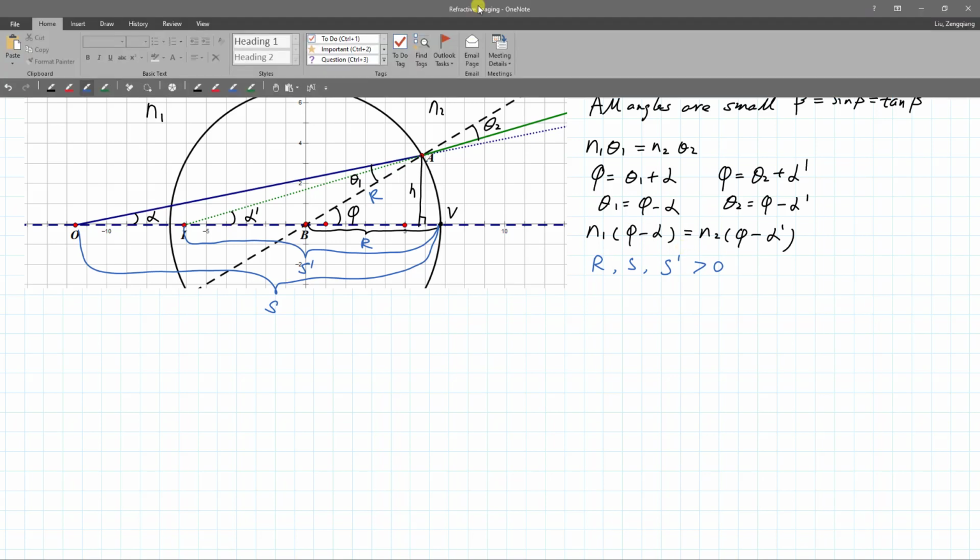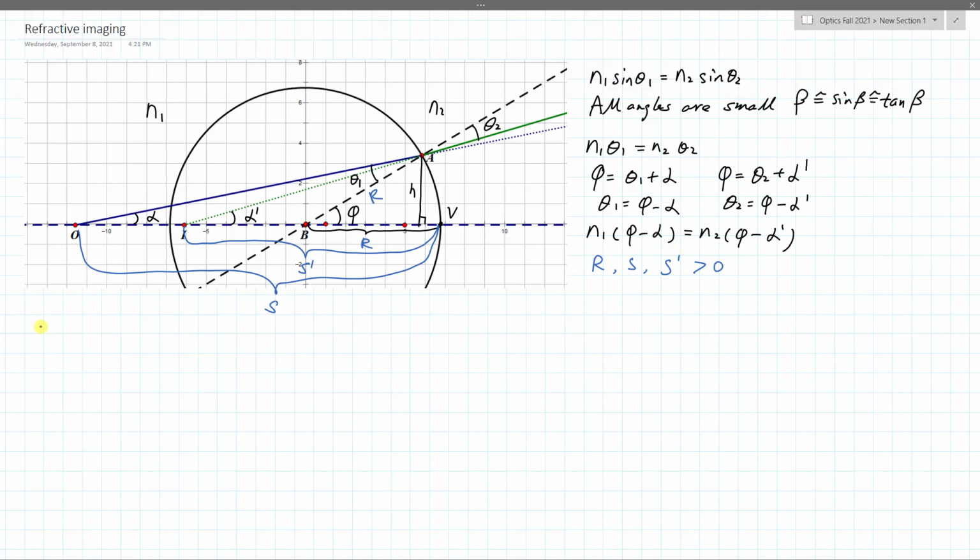All right, so now we have n1. So sine phi is h over r. And the alpha here would be h over this length, but we can replace this length with the whole length of s.